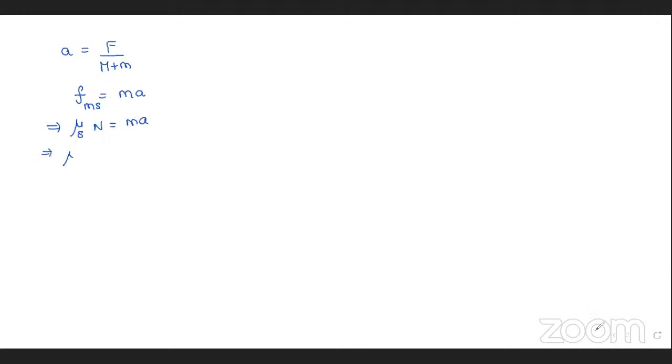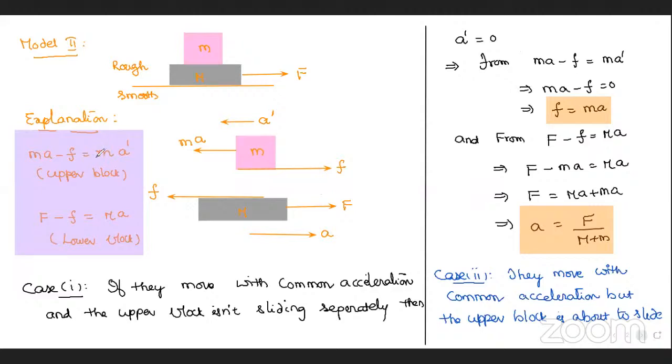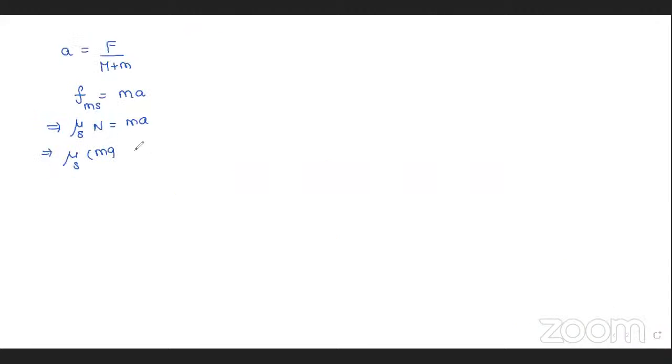Whereas N already we did in the first page also. N is equal to mg here on the upper block at this surface. So I think you don't have any doubt. So directly I substitute here N, that is small mg equals to MA. That implies, in this case mu S I am getting A by G.